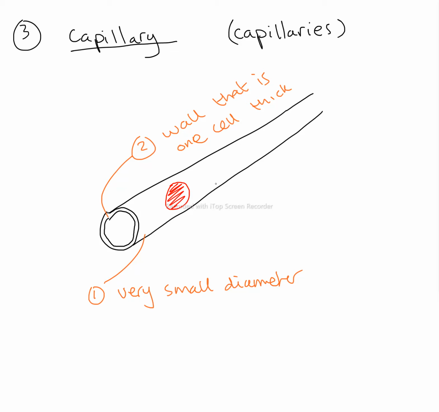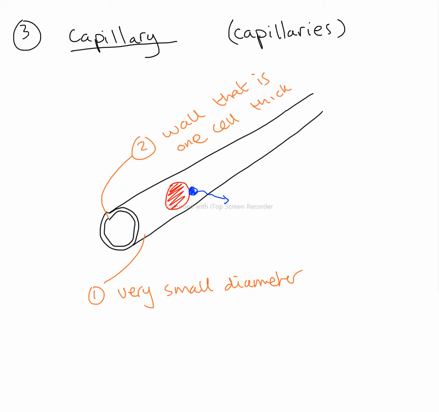Right, it's permeable to allow oxygen, so let me get this right. So let's just say for argument's sake, that's oxygen attached to it, it has to allow the oxygen to diffuse out to the organ so it can respire aerobically.